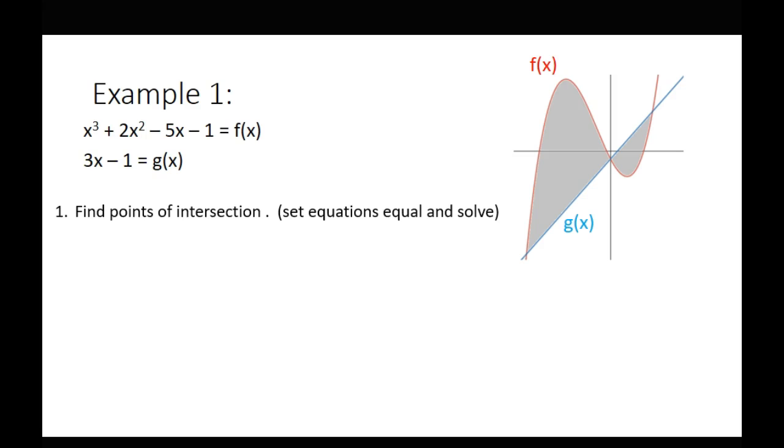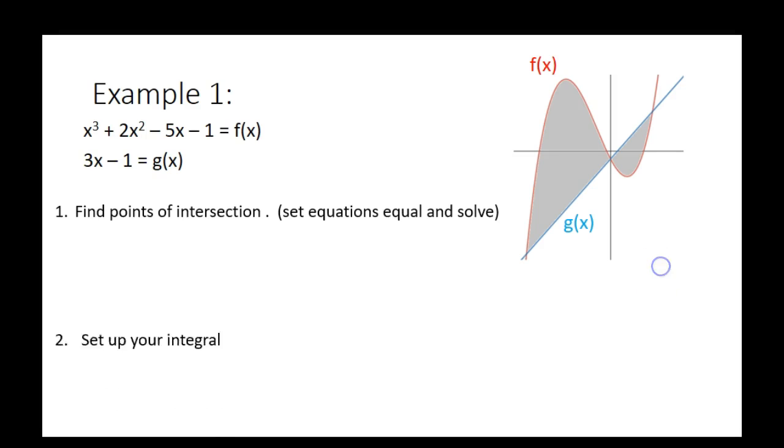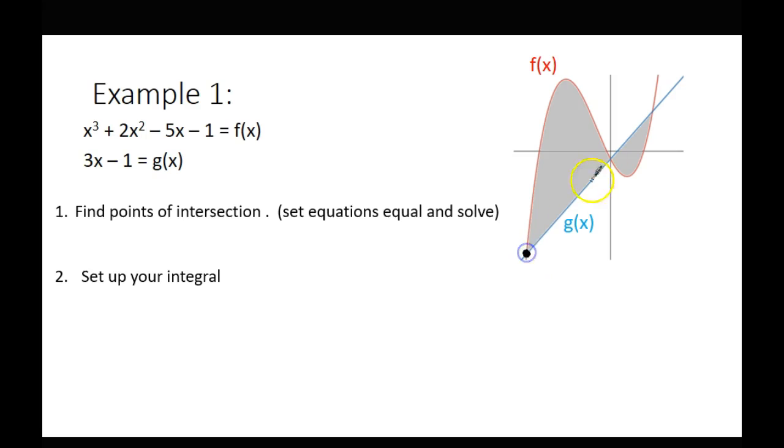All right, so next step, set up the integral. All right, so let's do this region here from this point to this point first. So for that first region, we're going from -4 to 0. And for that region, the f function is on top of the g function, so the f function comes first.